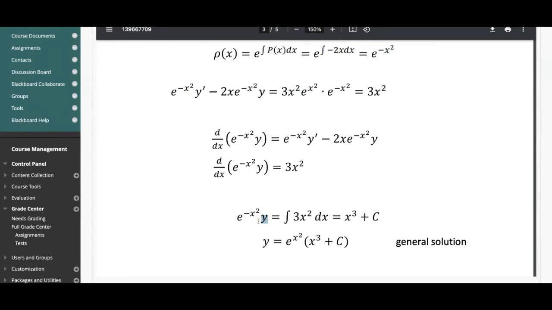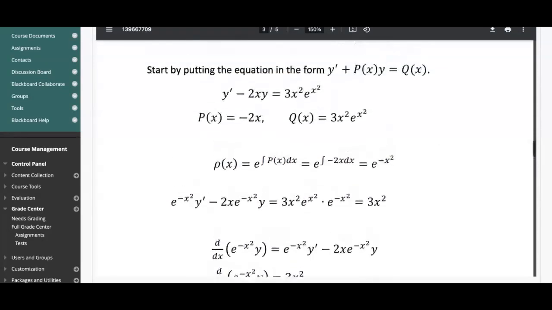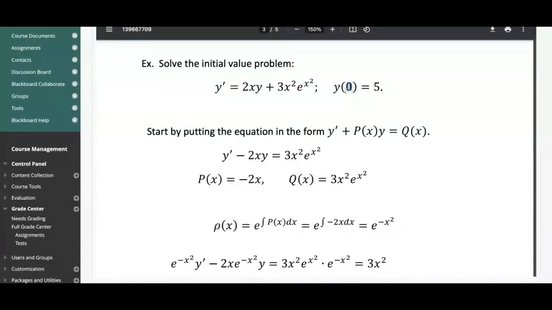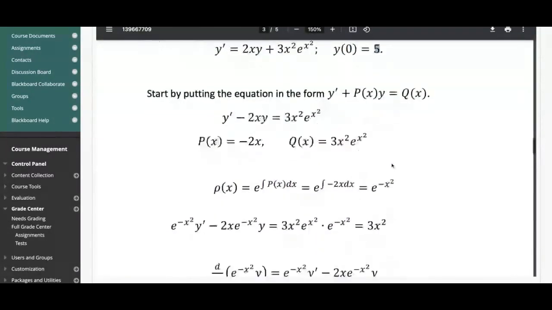Solve for y, so we multiply by e to the x squared on both sides. So we get y equals e to the x squared times x cubed plus c. This is the general solution. Well, we're given an initial condition. When x is 0, the y value is 5.